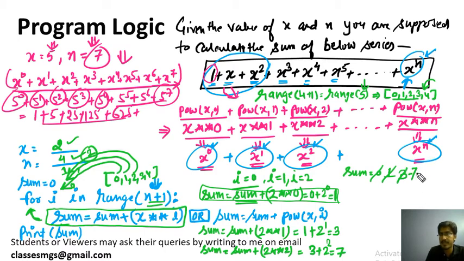So it will become 7. Next time i will become 3, and the same line will be executed again. Let me write it somewhere. I don't have space, so let me rub out this line.